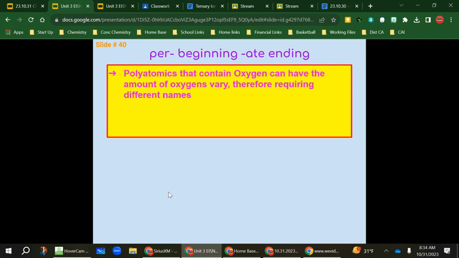Okay, again, polyatomics that contain oxygen can have varying amounts of oxygen. Therefore, we needed different names. The per prefix means we have gained 1 oxygen compared to the ATE ending. That is why per always goes with ATE, because we are gaining 1. Per can never go with an ITE ending because it would put us right back at the original ATE ending.